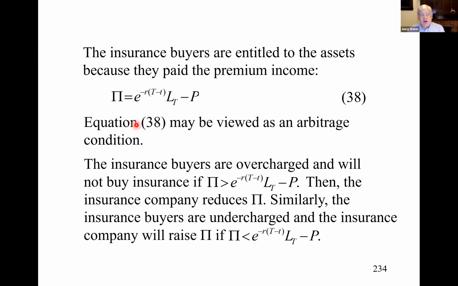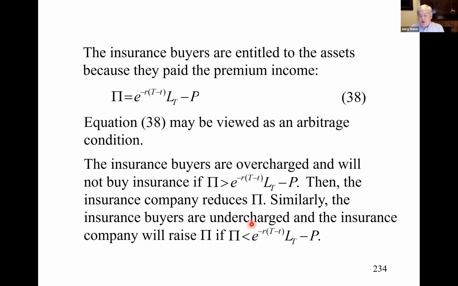This equation you may use as an arbitrage condition. If actually we have this inequality, the insurance premium is bigger than what the insurance buyers are entitled to, that's bad business, and so they will not buy insurance. And the insurance company must reduce the premium.